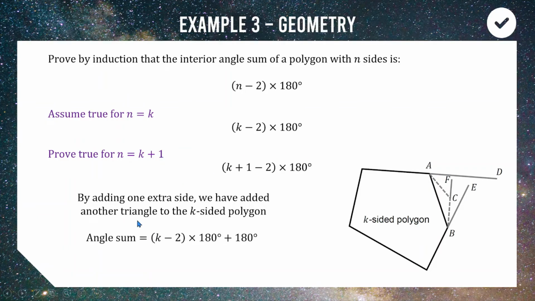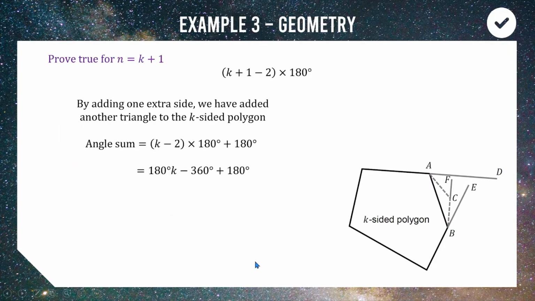So let's have a go. So we've got our angle sum, we've got our k-sided polygon right here from our assumption, adding on our triangle of 180. And now if I was smart, I would have just factorized this, but I'm not smart, so I decided to expand it. So expanding this out, we get 180k take away 360 plus 180. Then we get 180k take away 180 degrees.